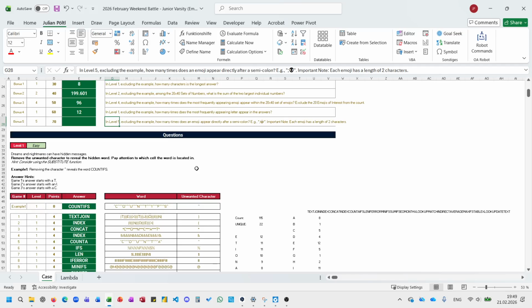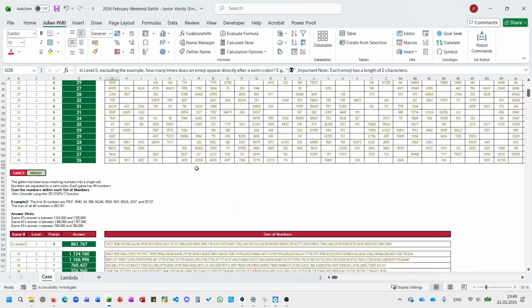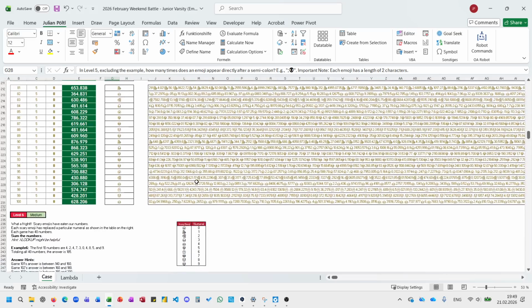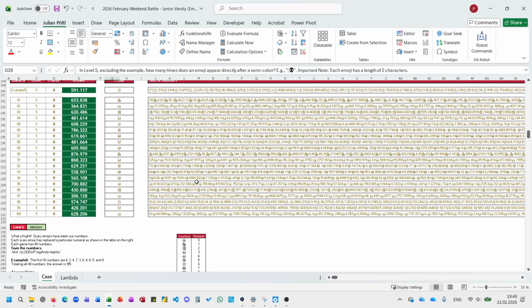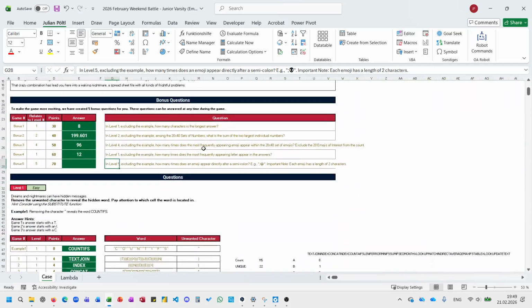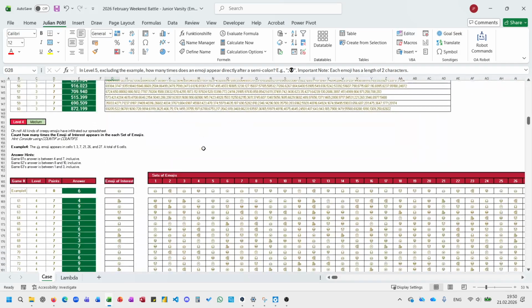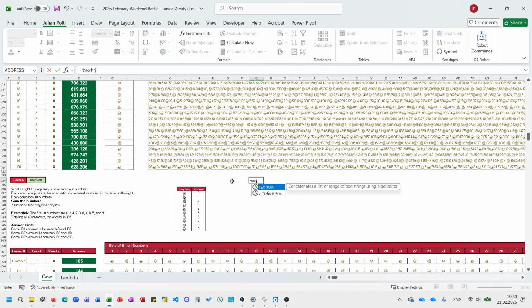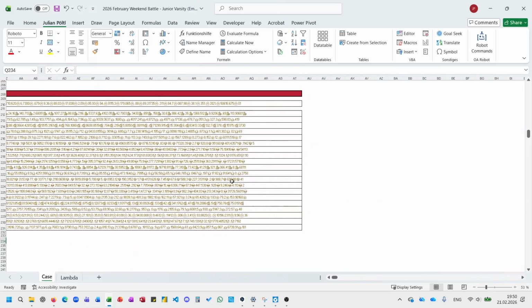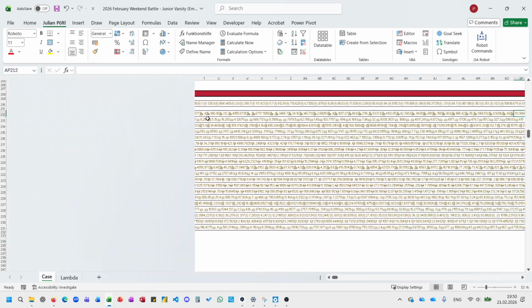How many times does an emoji appear directly after the semicolon? Okay. Excluding the example. Okay. Text join. No, text join will not work. I need to do this by row.